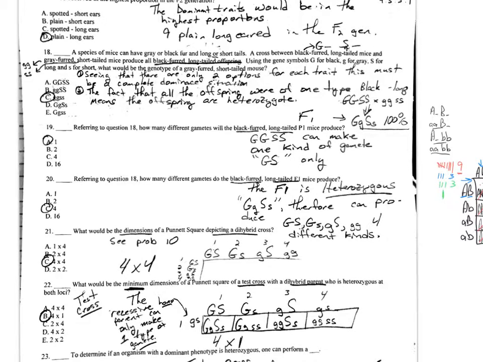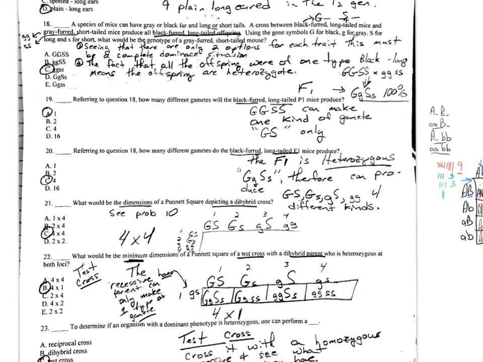It's only going to produce one because it is homozygous dominant. There's only one kind of gamete it can produce: a big G and big S. That's all it can make. It'll make 4 of them, but they're all going to be big G, big S. So there's only one possible type of gamete. They didn't say number. Remember, they always produce 4 gametes.